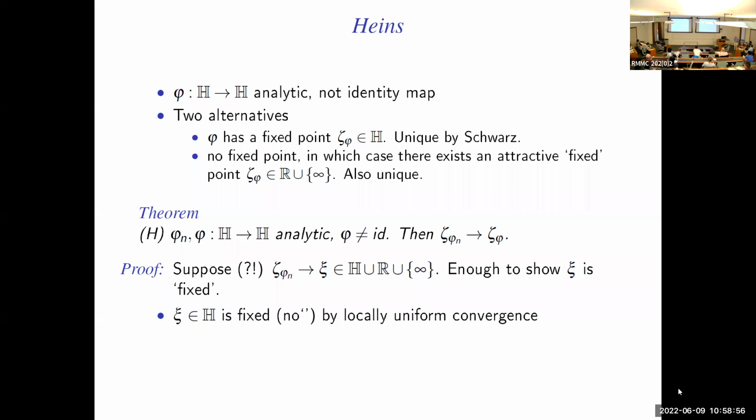If xi is a point in the interior, then it's going to be a fixed point for the function phi, just because you have uniform convergence of phi n to phi in a neighborhood of the point xi. So that's pretty trivial. It's a plain fixed point.